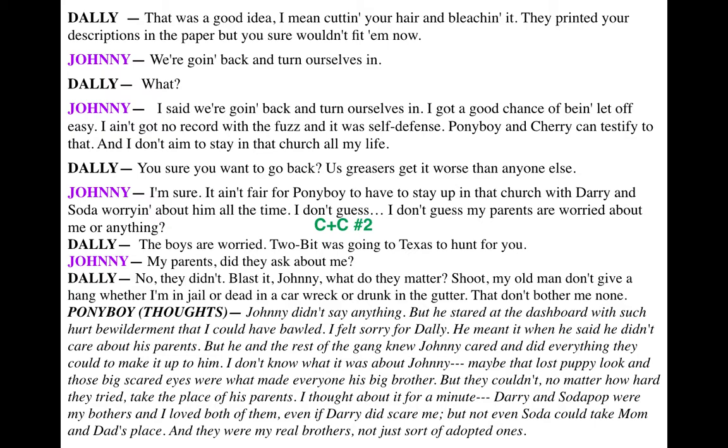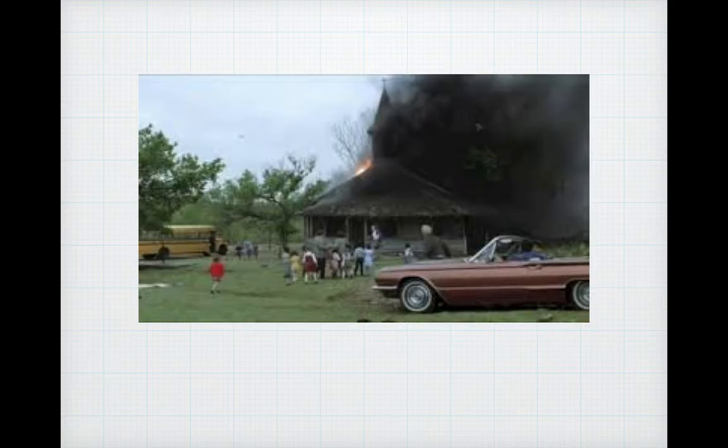But it's very obvious that Johnny cares because you can tell by his appearance, right? He looks so sad. Whereas outwardly, Dally tries to look tough and make it seem like he doesn't care at all. All right. And the next thing you know, the church is on fire.